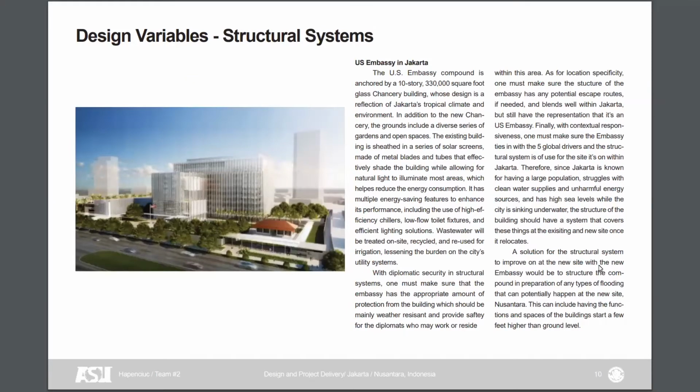For the structural systems, we mainly took an overall look at how the building is structured as well as some of the features that it carries. There were open spaces for the public so that it doesn't seem enclosed or cased off, but it still has the proper security needed for a US embassy.